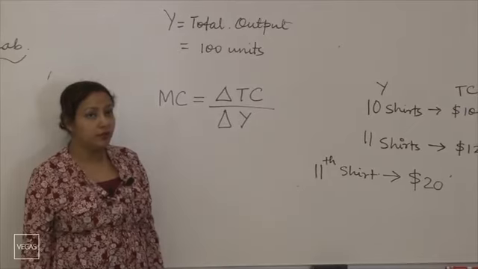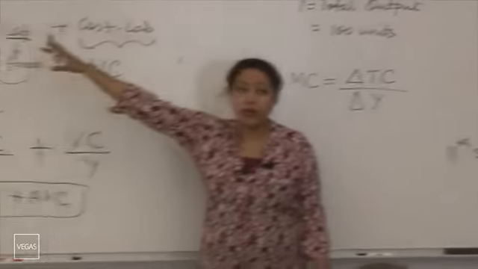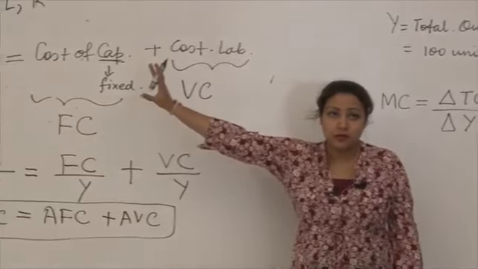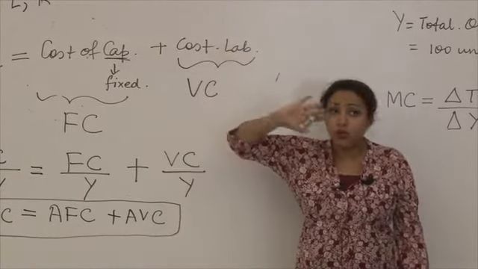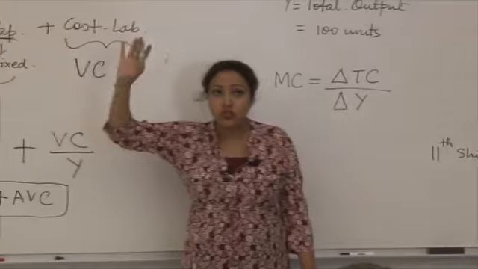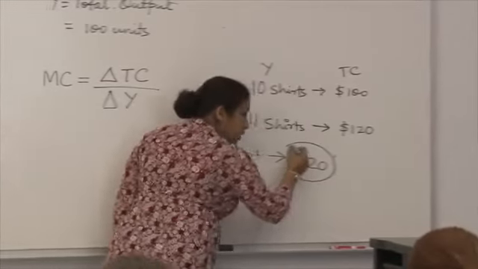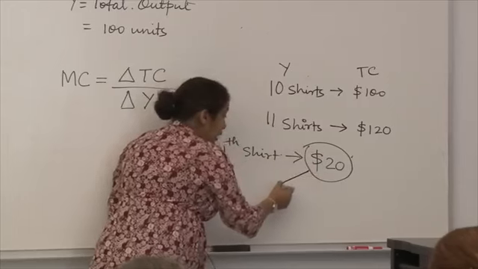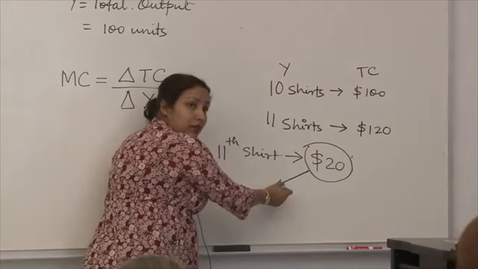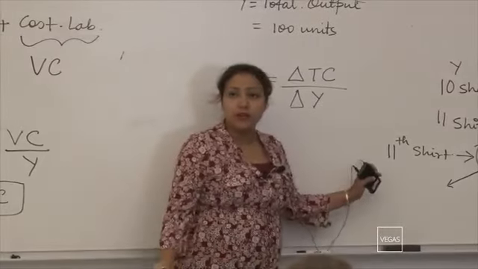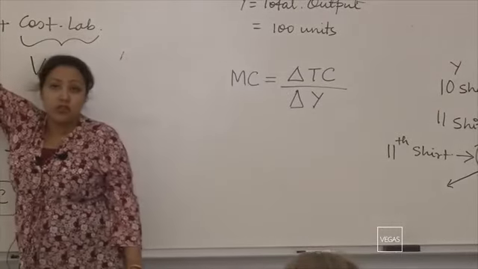Just for the 11th one, my total cost has increased by $20. Now I am still in the short run. My capital is fixed. My labor is the variable one. So I can only change labor. I cannot change capital. That means this additional 20 cannot come from capital. I have definitely not used more machines to produce that 11th one, because I cannot change the number of machines.